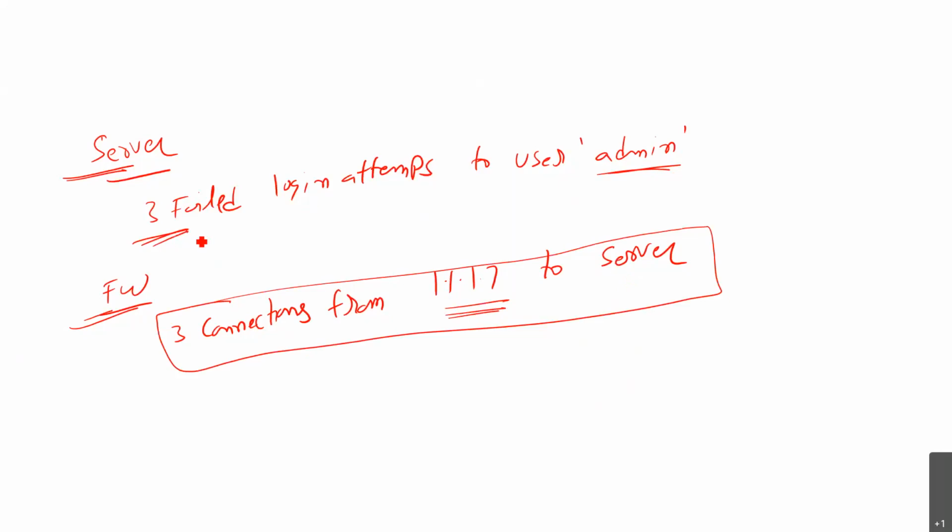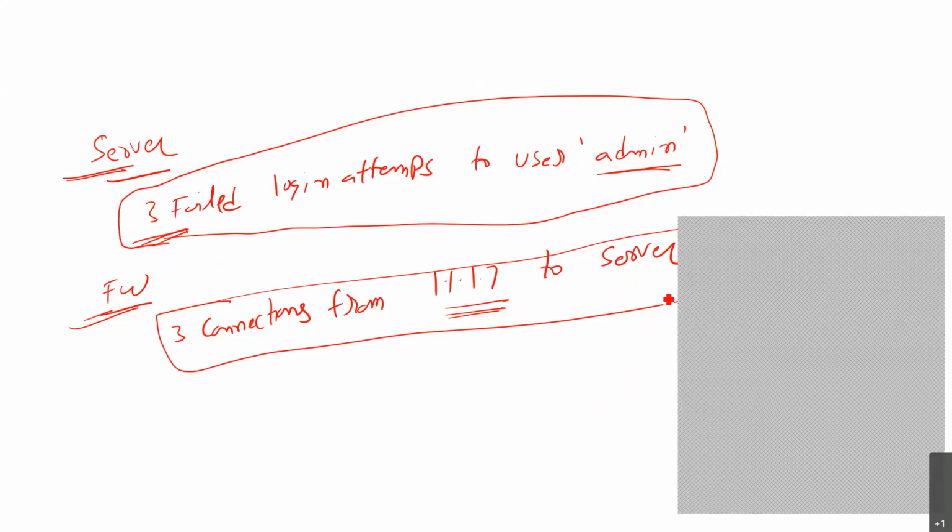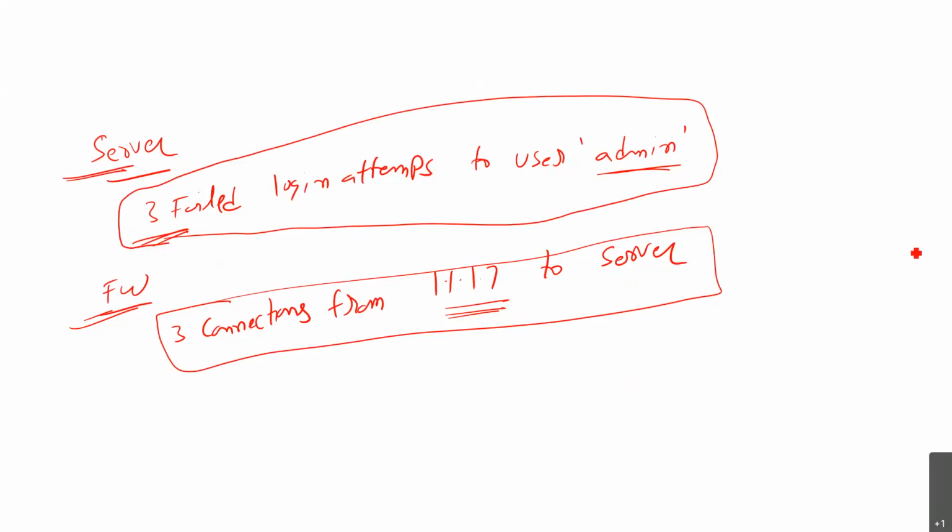Or when you see that there are three failed logins, of course this tells us that there is an attempt to log into the user account called admin which has failed three times. But where is this request coming from? Is it coming from one of my LAN computers or from the internet? What is actually going on? To understand that, we have to analyze both these logs together. That's what SIM is trying to do.